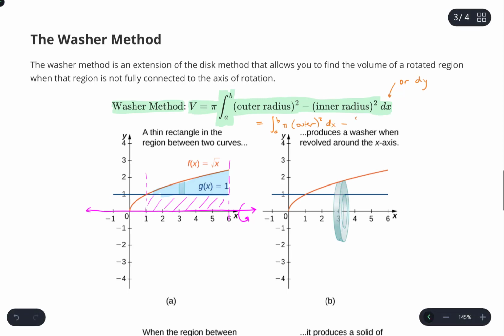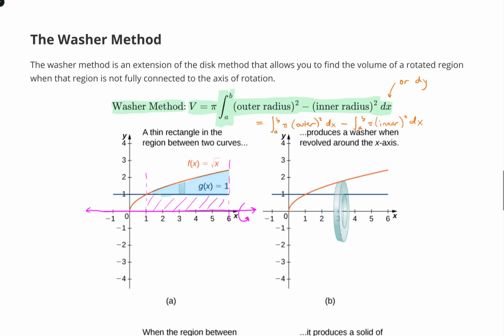So this is really minus the integral from a to b of pi times the inner radius squared dx.